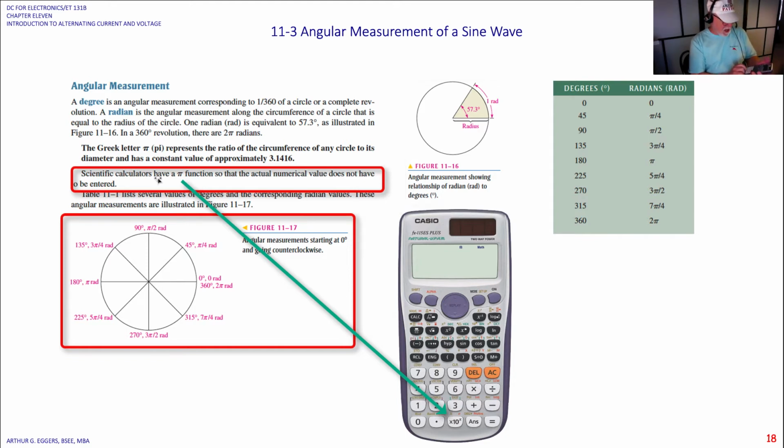In this case, you have to do a shift, and then on the bottom where it says times 10 to the x, you press that and you get your pi function. Always use the pi key on your calculator. Unless you're told specifically in the problem that you only need it good to 3 places, or 2 decimal places, 3.14, always use the pi key on your calculator when you're making calculations.